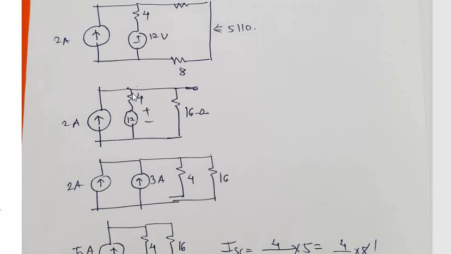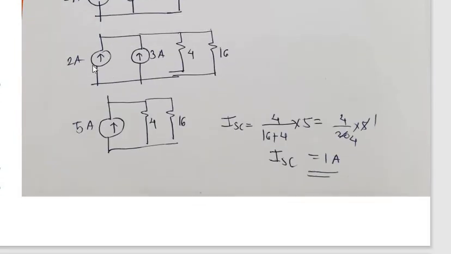So it is 12 volt divided by 4 ohm, that is a 3 ampere current source, and across that is a parallel 4 ohm resistance, and parallel to this 4 ohm appears the 16 ohm resistance. The currents 2 ampere and 3 ampere are both in the upward direction, so the total is 5 ampere, and the resistances are 4 and 16.